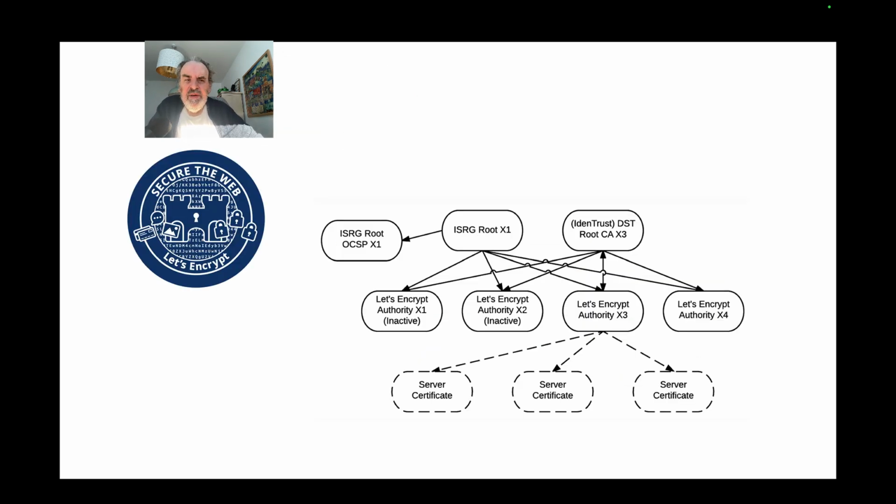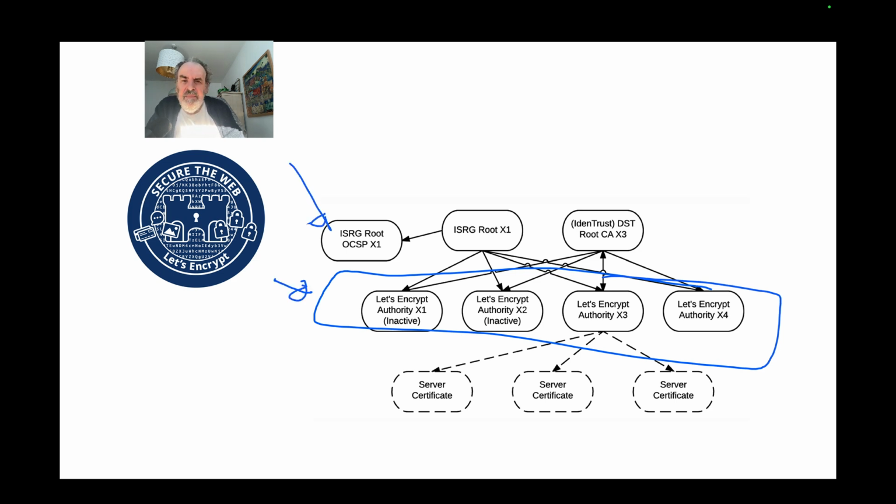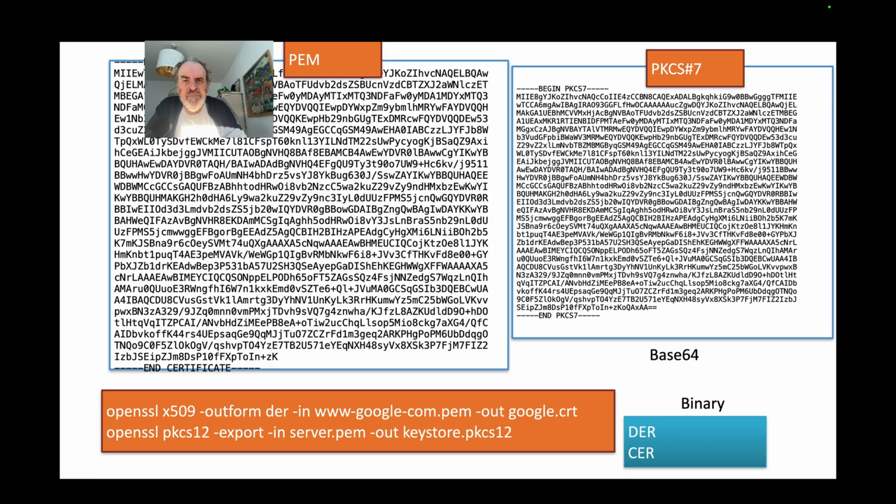One of the most popular certificate authorities is Let's Encrypt, and they were an intermediary signer and not a root signer, but now they are actually trusted to be a root signer. So these are the root CAs, these are what are called intermediary CAs, and these are the ones which actually create the certificates for the entities.